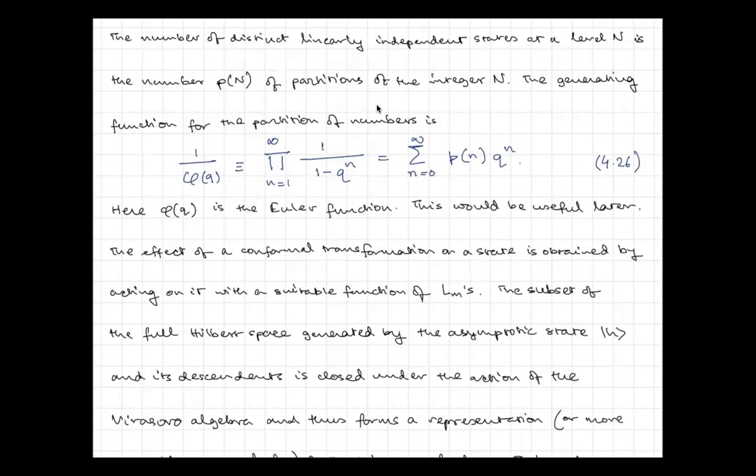This is something that we will see: the generating function for these partition numbers is 1 over q, where this is the Euler function. You can check this, and we'll find that this is actually useful later on.